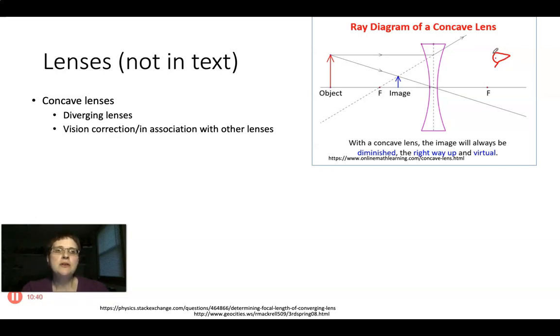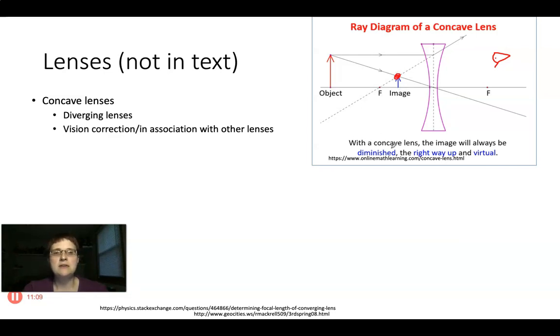When the person looks into the lens towards that object, because this is a diverging lens, the actual light rays are going to appear to focus or converge here at this area. And so it's still going to appear to this individual that the object is on the opposite side of the lens, and it's going to be smaller.